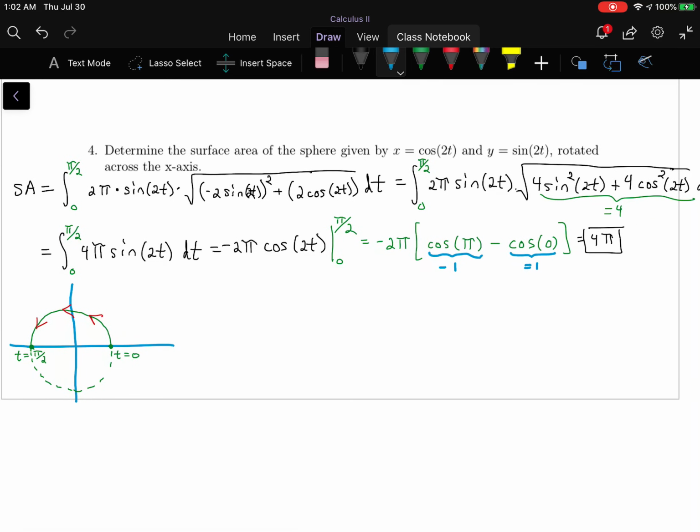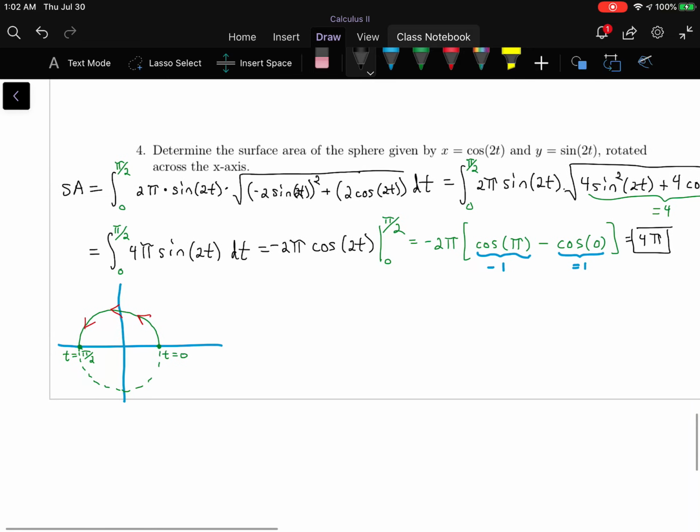And then the final example is a surface area one. So we want the surface area of the sphere given by these parametric equations across the x-axis. Now at the initial time of 0, cosine of 0 is 1, sine of 0 is 0. So starting at 1, 0, like I have in my diagram, I chose a few other points, and I realized that from 0 to pi over 2, we are heading in a counterclockwise direction.